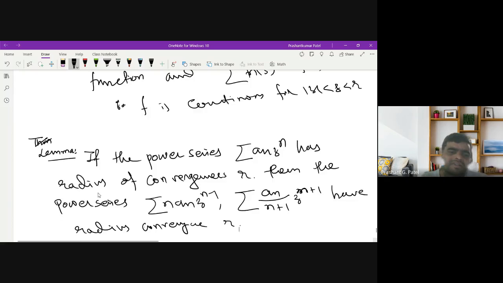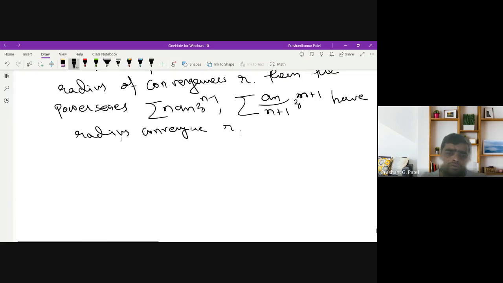This is easily proved using the concept of a radius of convergence.